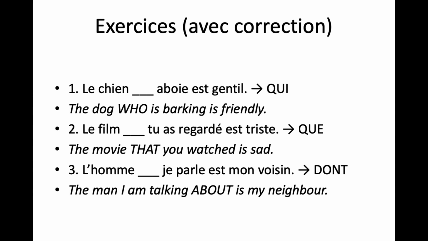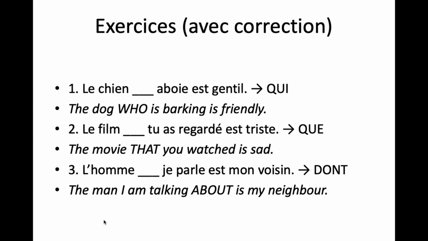So I want you to stop the video and try to see. I already put the correction, but it's not the most important thing, because you already have the translation in English, so you would be able to figure it out.